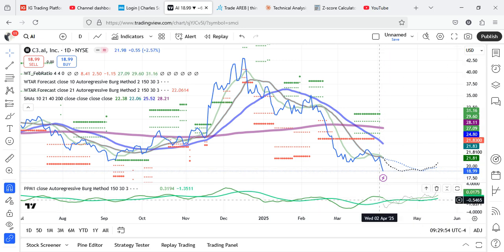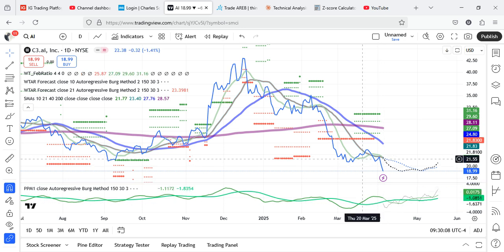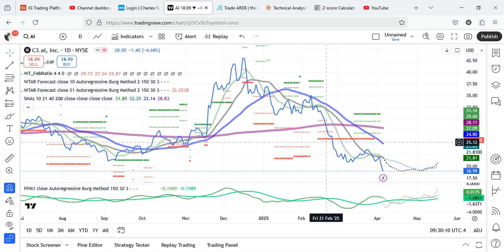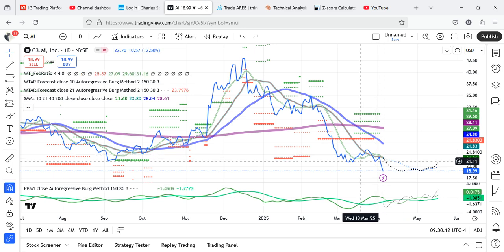As things stand right now, the deceleration in its momentum, that is relative to its 10-day moving average, is beginning to decelerate. As you can see now, of late, it just started to slope downwards.